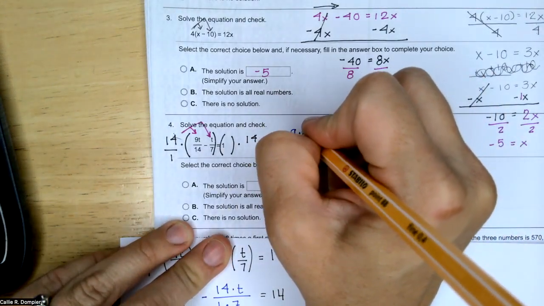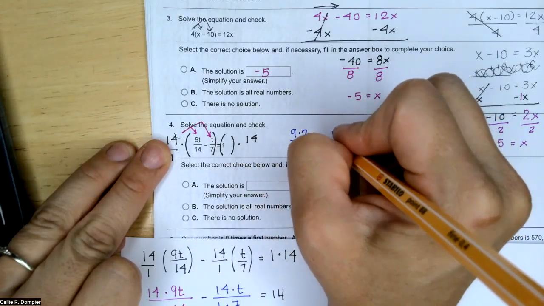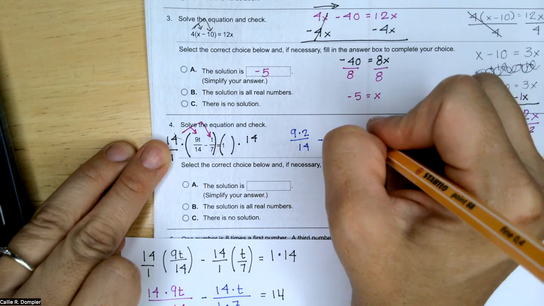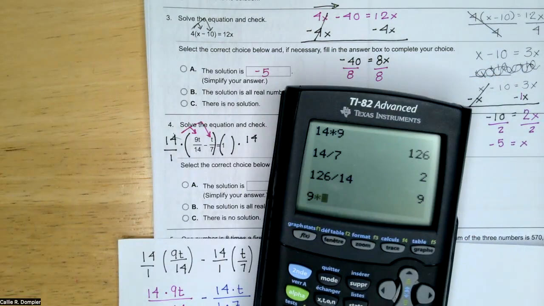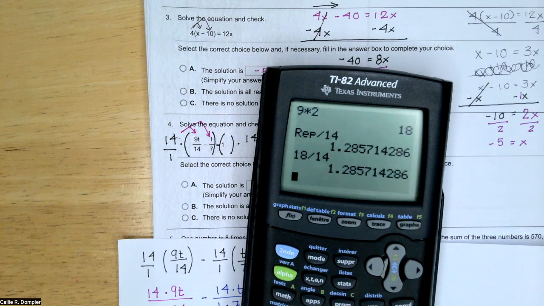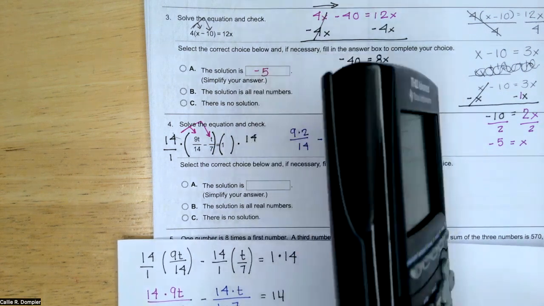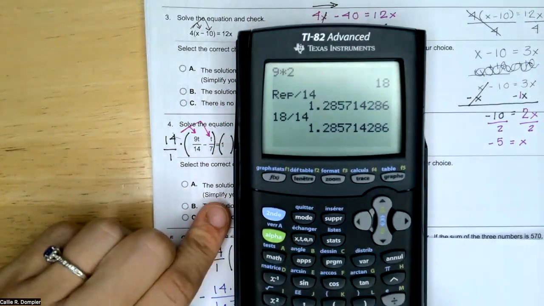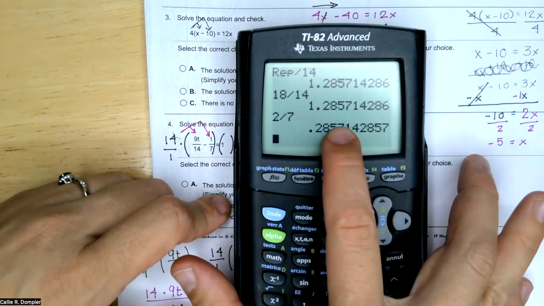Okay? If you're very unsure of your answer, you can then put that into your original equation. So 9 times 2 over 14 minus 2 over 7 should give me 1. Okay, and you can say, is that true? 9 times 2 is 18. 18 over 14. 18 over 14 is 1.29, right? And what did we say? 2 over 7? 2 over 7 is that, okay?